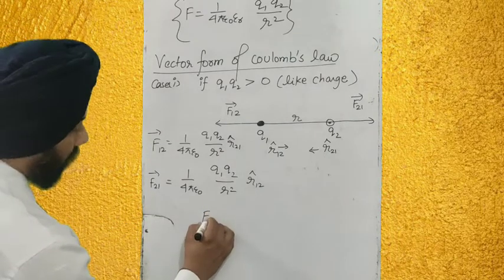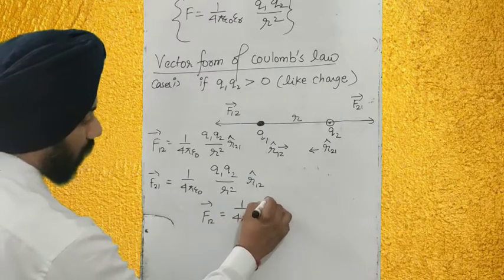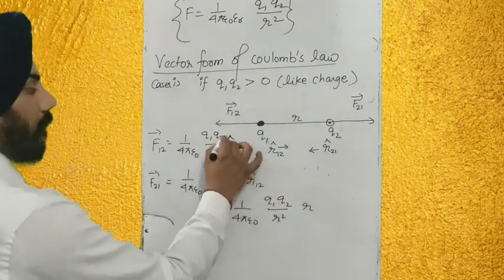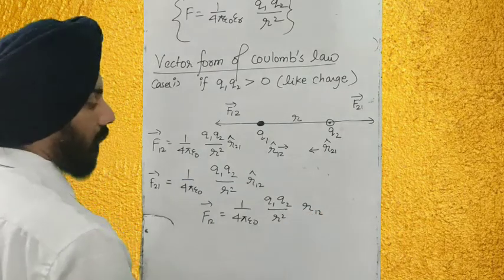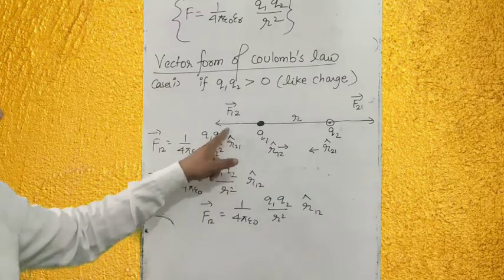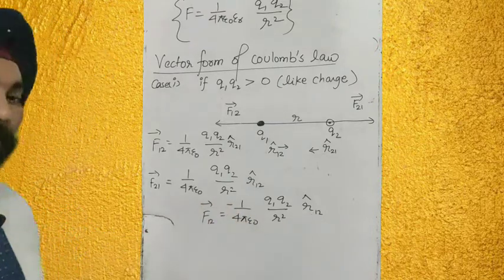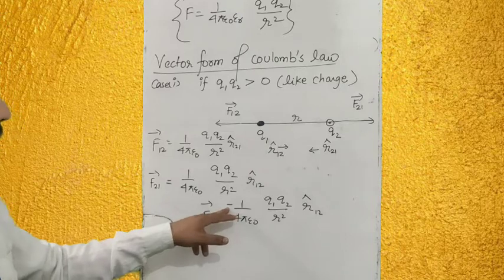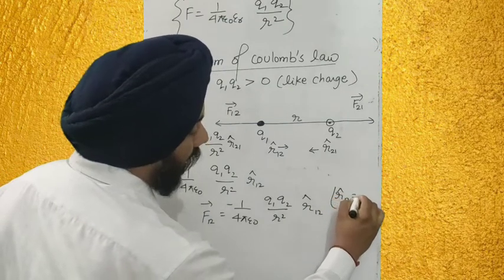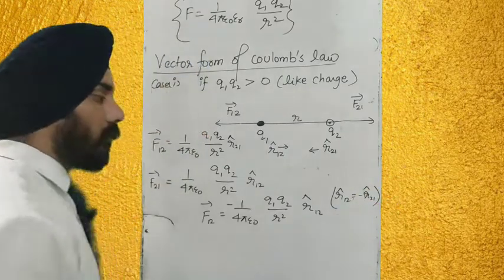So the F12 equation can be written as 1 upon 4 pi epsilon naught Q1 Q2 upon R square, and instead of writing R21 I am writing the R12 unit vector. When changing R21 to R12, I have to put a negative sign here. The negative sign represents that R12 and R21 are opposite to each other.